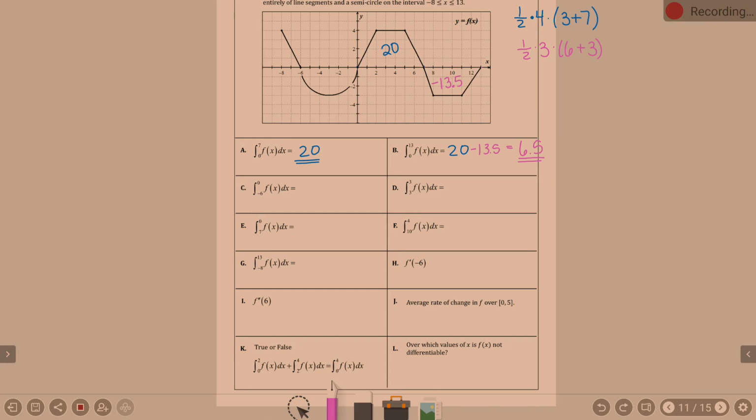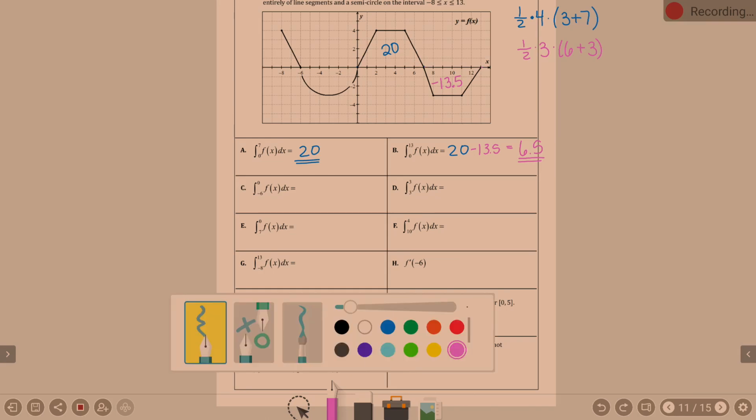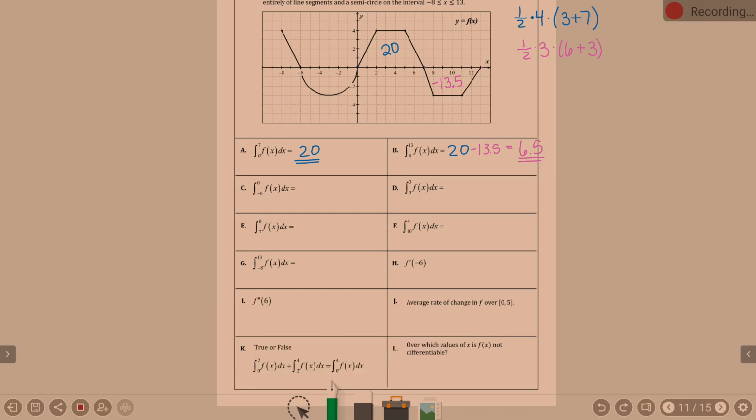What about C, the integral from -6 to 0 of f of x with respect to x? Okay. So -6 to 0 is this semicircle here. 1/2 pi r squared. So 1/2 times pi times what's my radius? 3.